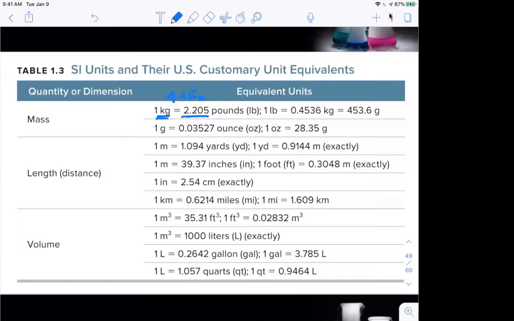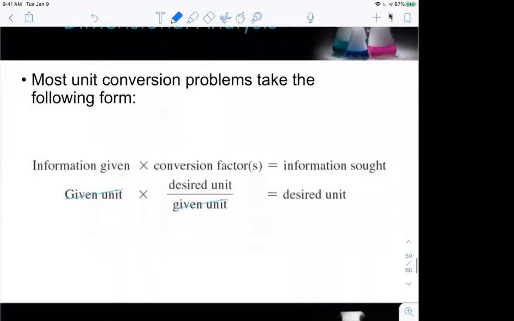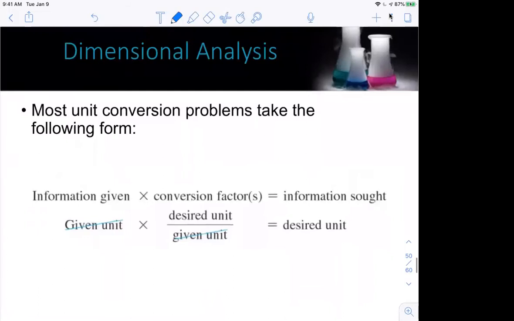If I have 1 kilogram over 2.205 pounds, or the inverse, this relationship is going to count for the 4 significant figures from this particular measured part of that conversion factor. So most unit conversion problems take the following form.